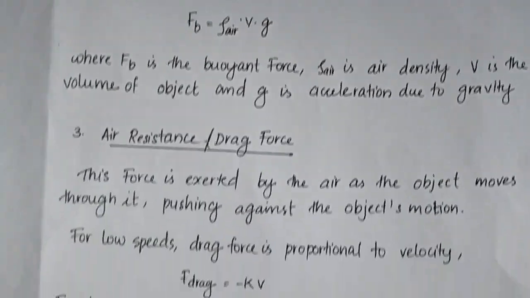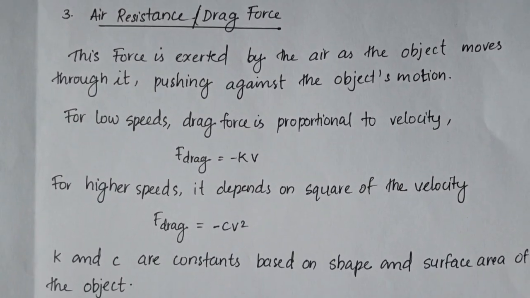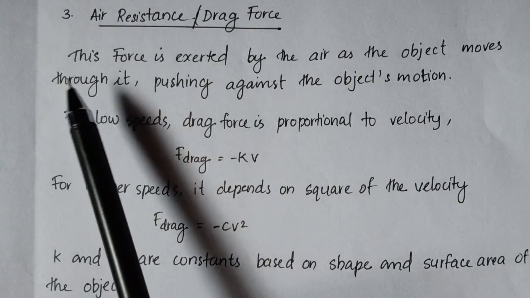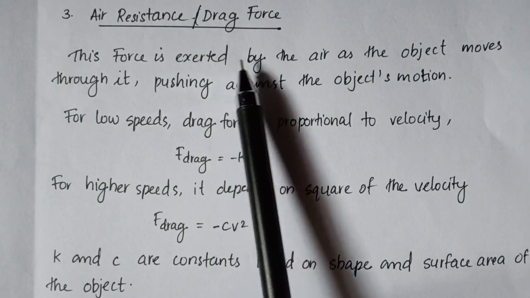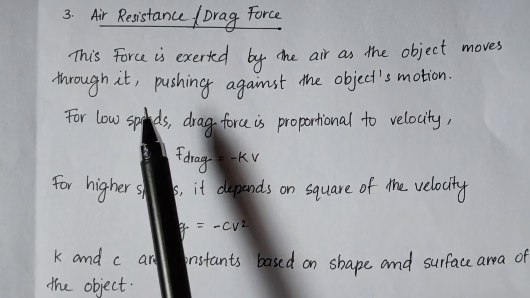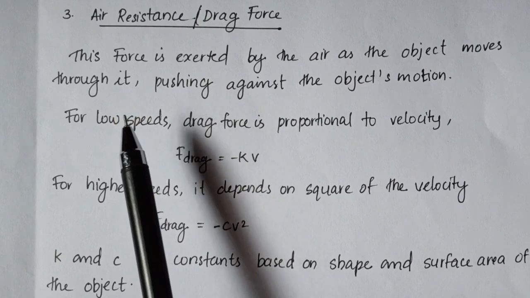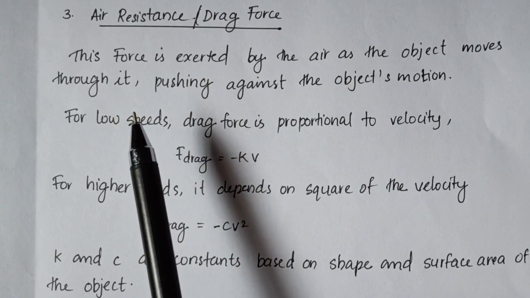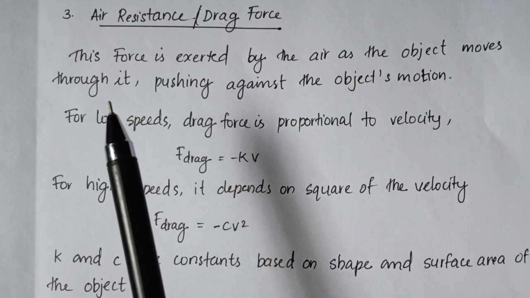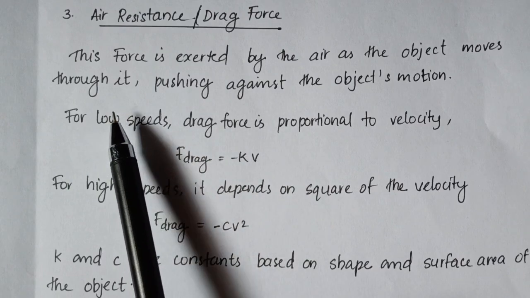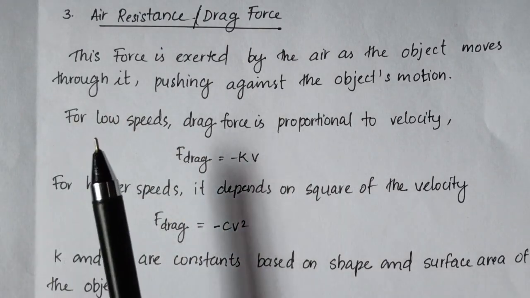And lastly, air resistance or drag force. This force is exerted by the air as the object falls faster. Air resistance grows strongly and pushes up against the downward pull of gravity. It can be represented in two ways.